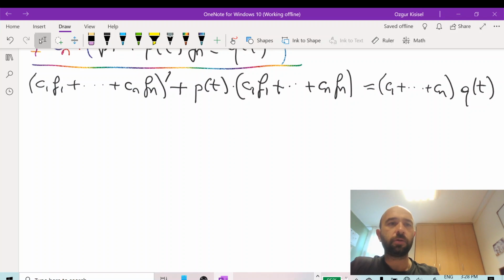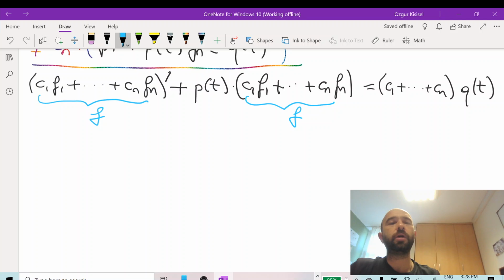Now let us look at this closely. If this is your f, and the same f is here, then f satisfies the same equation if this number here is equal to 1.